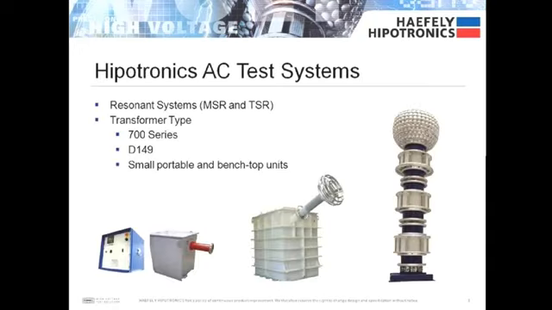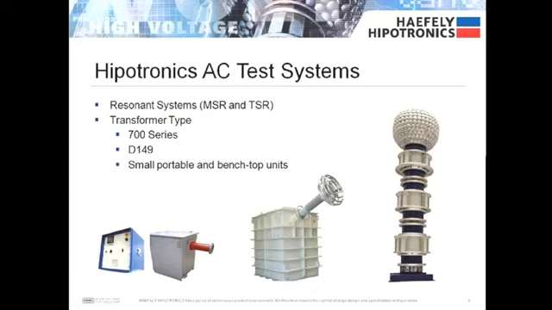So just to recap on the product lines that we offer for AC testing, we have our resonant test systems, which are our MSR and TSR systems. These are used for much higher voltage and higher power requirements. We won't get into too many details on these two products, but these are commonly used for power transformers and power cable.